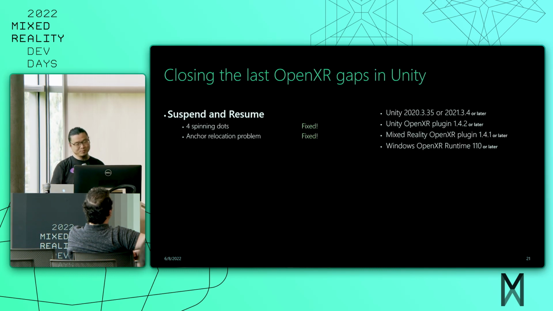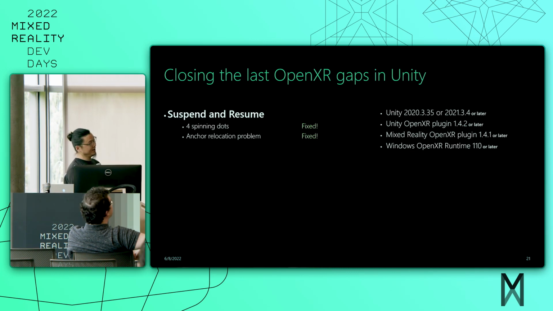Sometimes it's four spinning dots. Sometimes everything renders fine, but the anchor is located in a different location and you don't know what's going on. I think all these things have been worked through, and we have released a sequence of fixes. I believe last week was the last fix we shipped to the market.